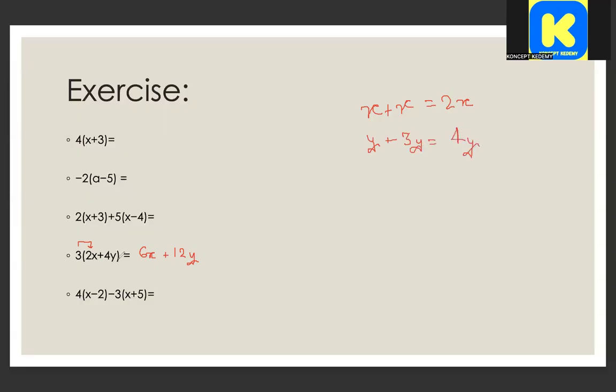But here we do not have the similar variable, this is x and this is y. They both are different. So we cannot solve it further. So 6x plus 12y will be the final answer of this question. So this is expanded and we have used which property? Distributive property.